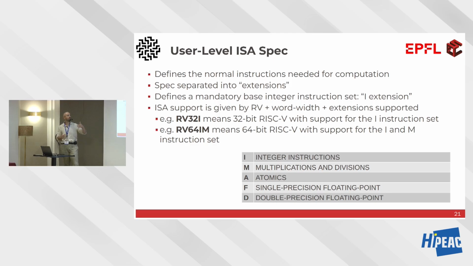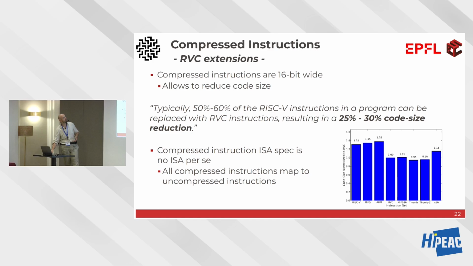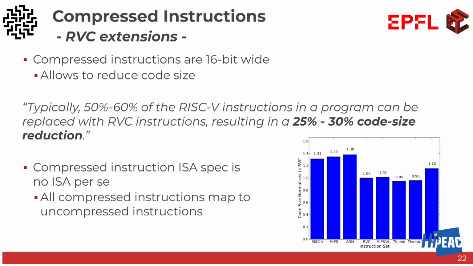Again, with atomics, floating, double, and many more. So we will jump a little bit into the specs in the next slides. Then maybe some of you are already familiar with compressed instructions. What is very expensive today in your system is memory. Memory is big and it's costly and consumes power.